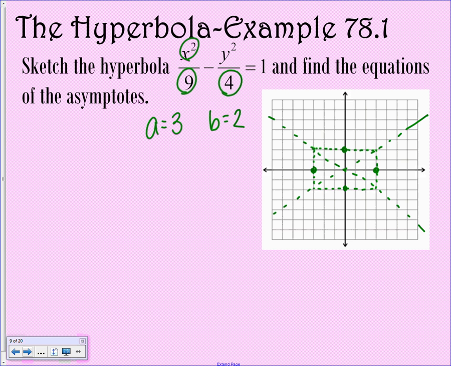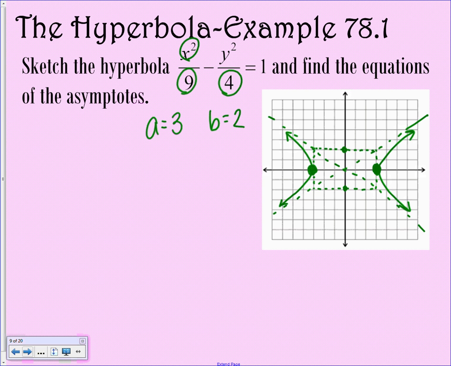And now we just need to sketch our hyperbola. Well, it's opening starting at this point and this point here on your x-axis, and it approaches the asymptotes, but it never quite reaches it. And so that is what you would put on your test or on your paper for your graph, that whole thing.